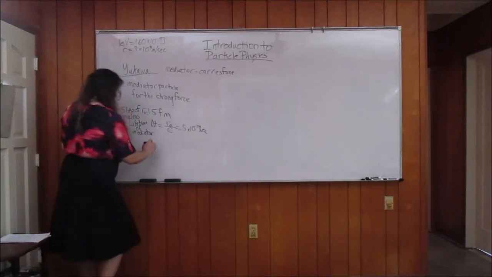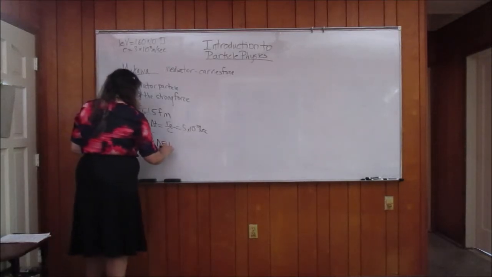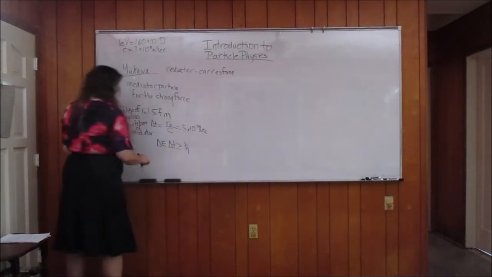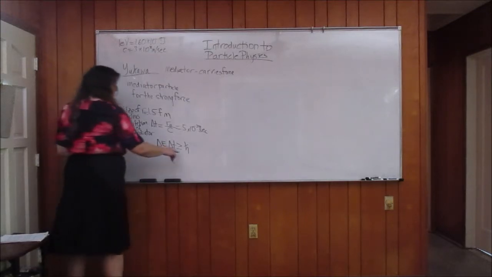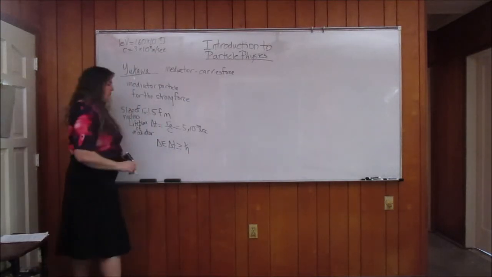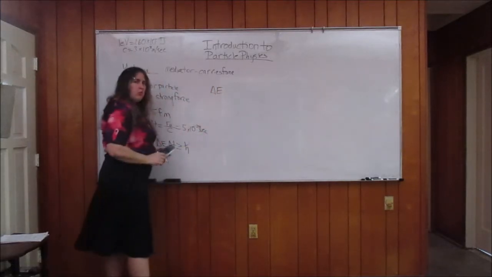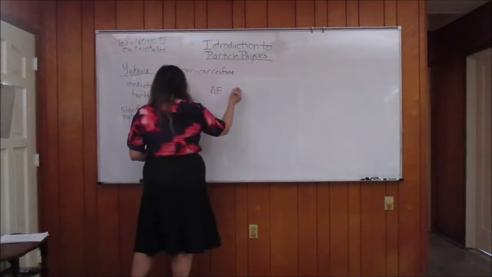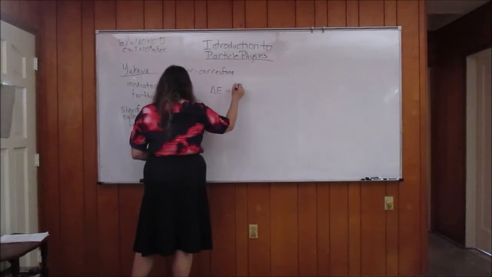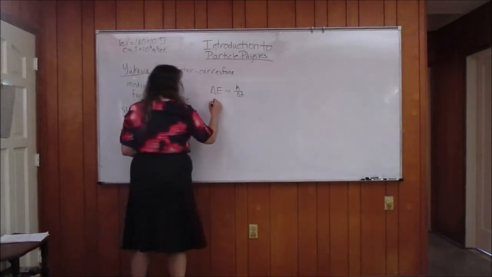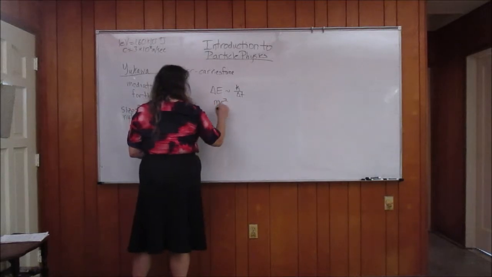We also know that the uncertainty principle must apply. So delta E times delta t is greater than or equal to h bar. If I know what the lifetime is, the order of the lifetime, I can figure out roughly what kind of energy is involved here. And if I know the energies, well, I can write this in terms of the mass.